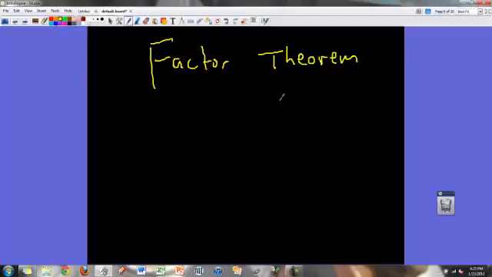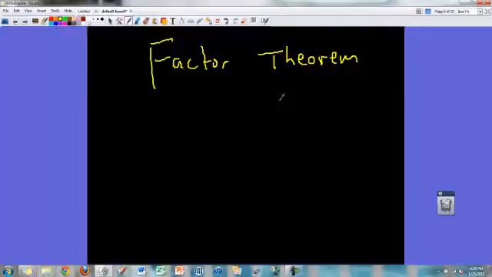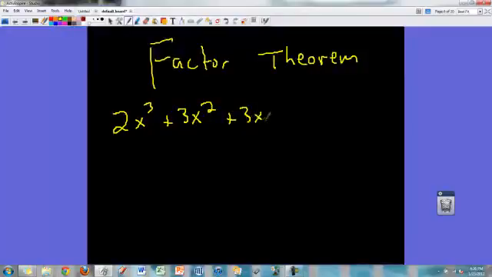A nice, fun, challenging problem. Sort of. So we have 2x cubed plus 3x squared plus 3x plus 2. And we want to know if x plus 1 is a factor.